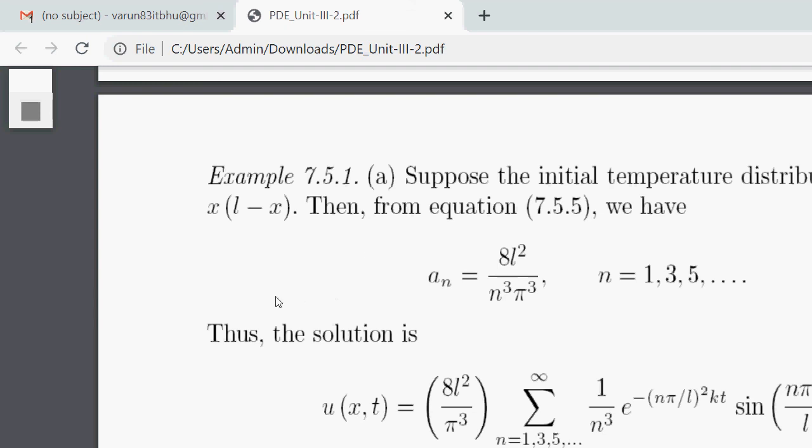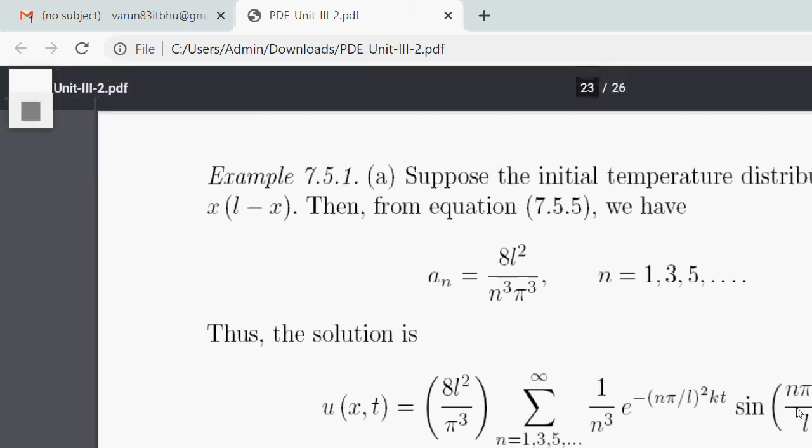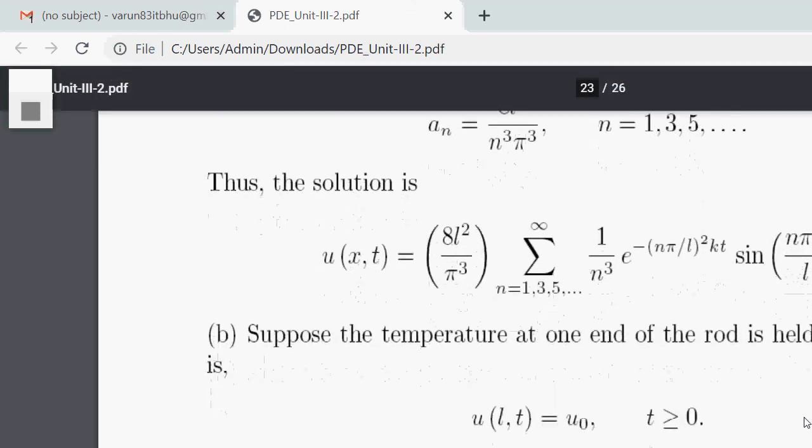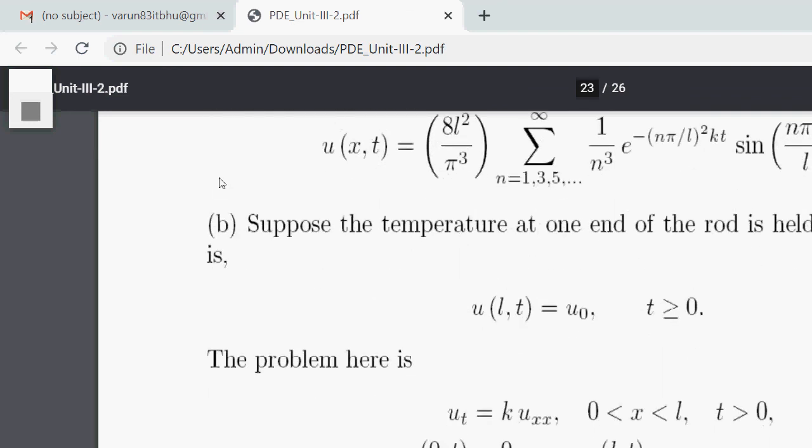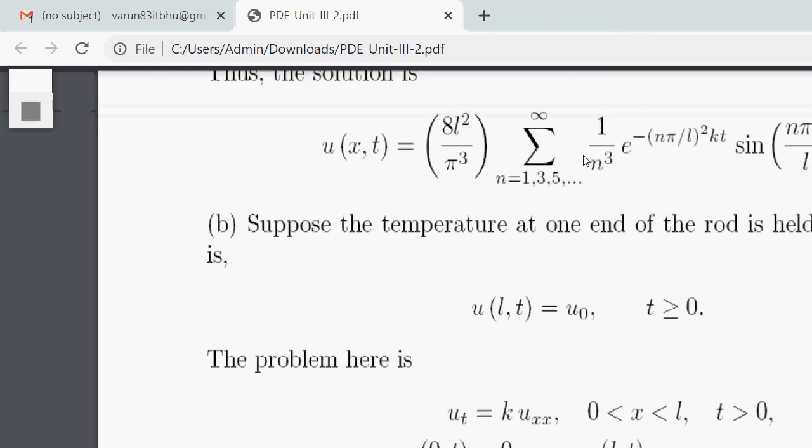Okay. And our second problem, the second case, is: suppose that the temperature at one end of the rod is held constant, then u(L,t) is equal to u0. When the temperature on each end is zero, then u(L,t) is 0.